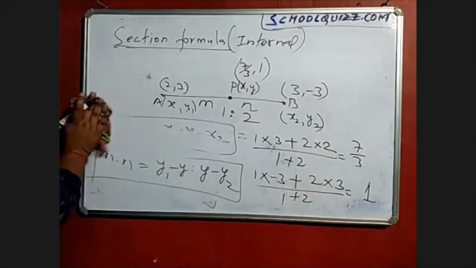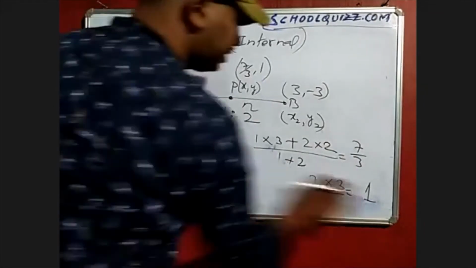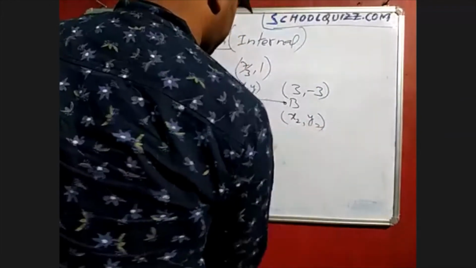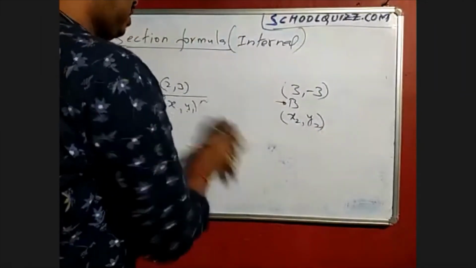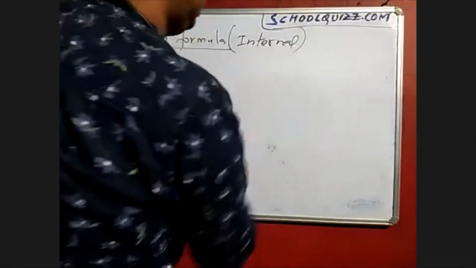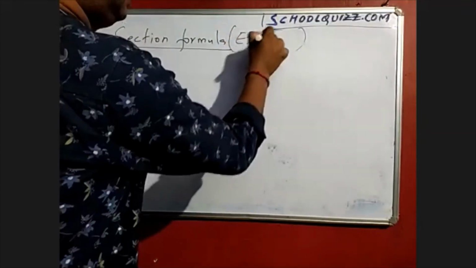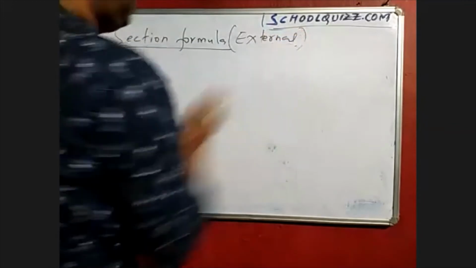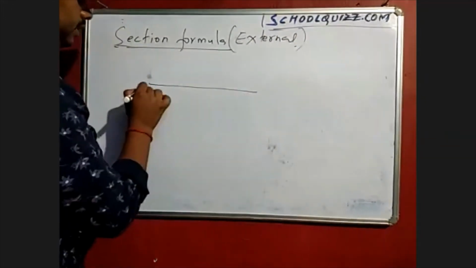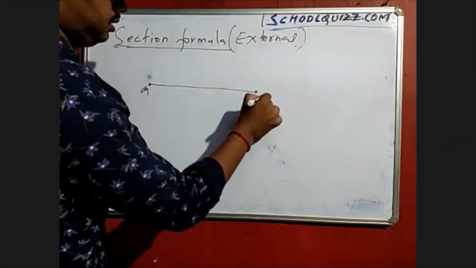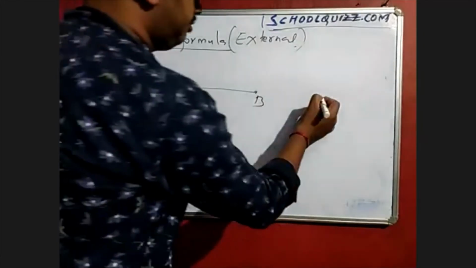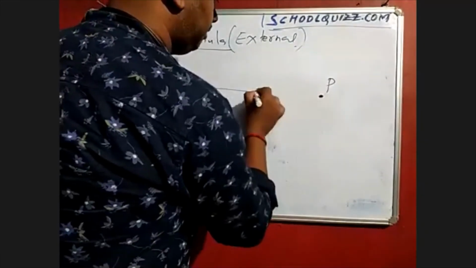So what will happen when that point P is dividing from the outside, suppose? That will be the internal and external cases. This is external. So there is A and B, and some point P somewhere here, which is dividing the line.